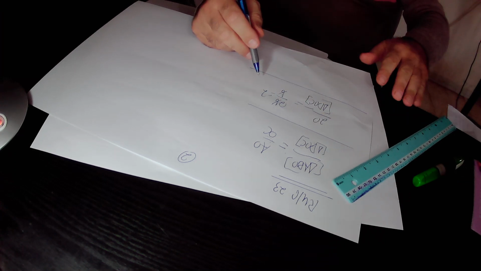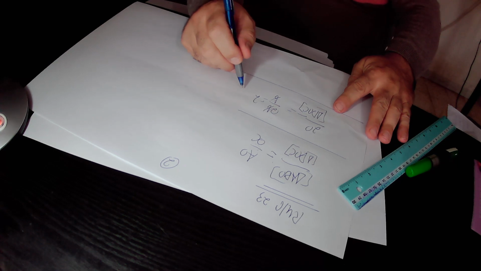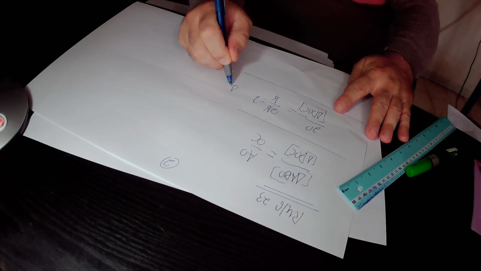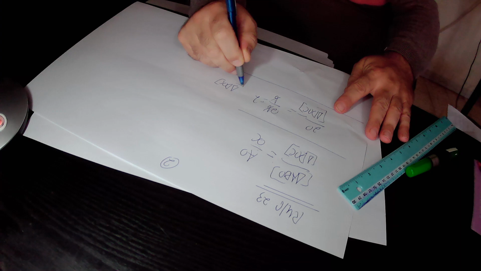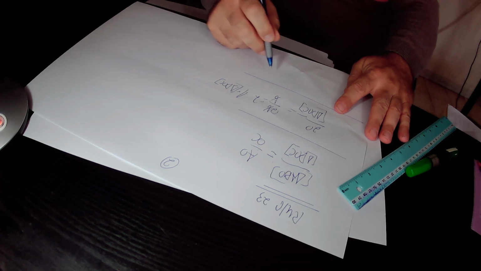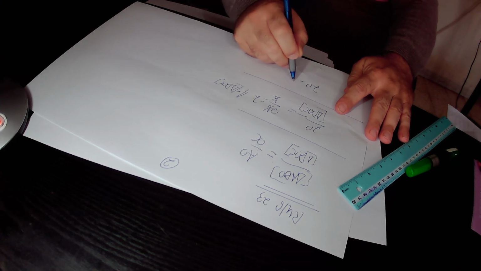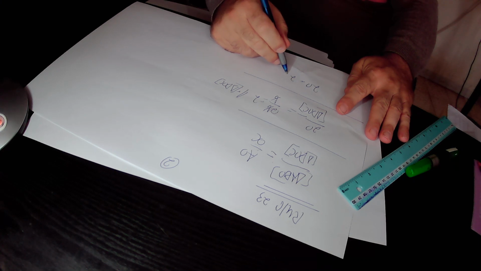Here we will multiply this equation by the area of triangle DOC. And we get that 20 equals 2 times the area of triangle DOC.